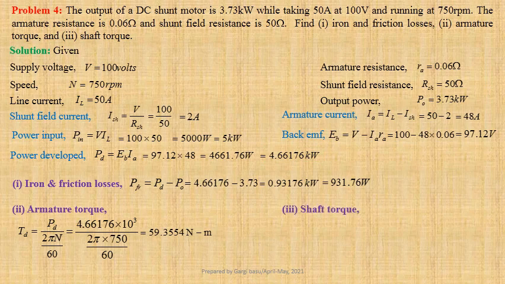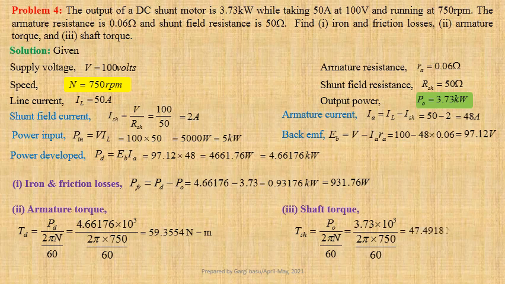Shaft torque TSH equals PO divided by 2 pi N by 60. Using values, we get 3.73 into 10 to the power 3 divided by 2 pi into 750 by 60, that gives us 47.4918 Newton meter.